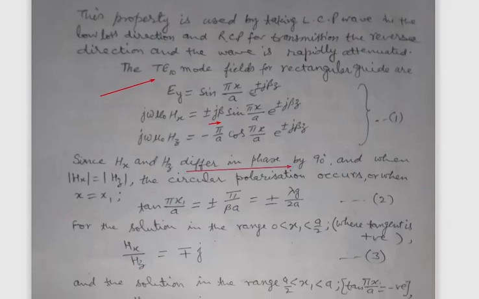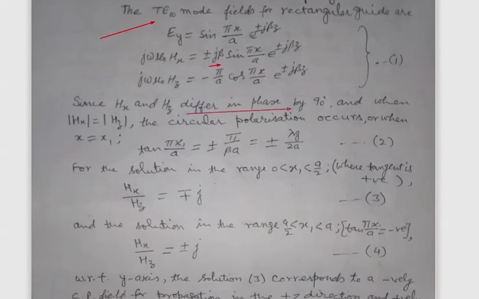Now we know that for the range x1 greater than 0 and less than a by 2, the tangent of pi x1 upon a will be positive, and if this value is used in equation number 1 to find the ratio of Hx to Hz, then this comes out to be minus plus j, shown in equation number 3.